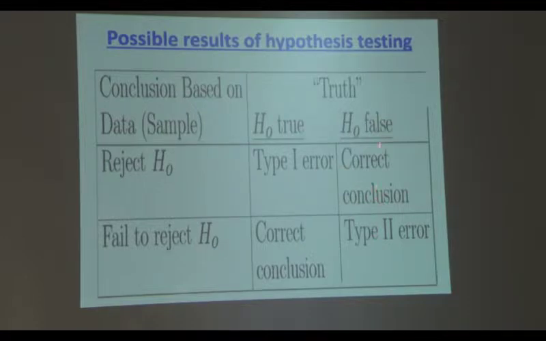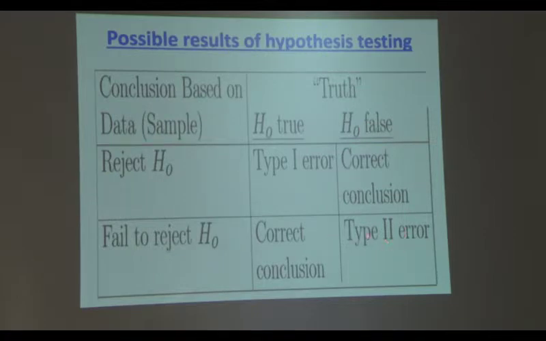Killed. And then the judge fails to reject the null hypothesis and says the accused is innocent, when indeed the accused killed the person. Then the judge again would have made an error. He will set this person free that is innocent when in truth this person killed.